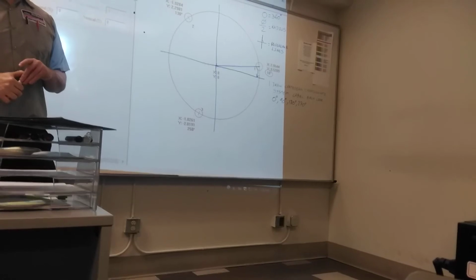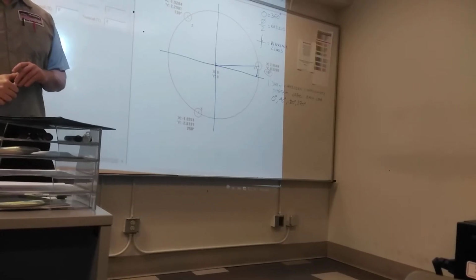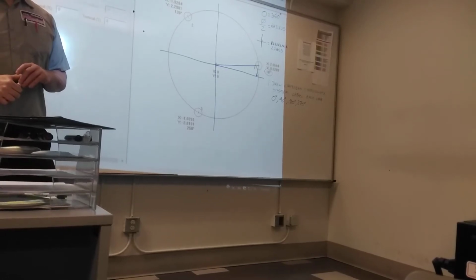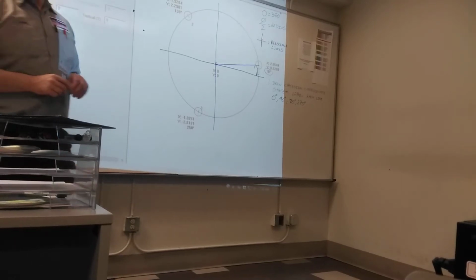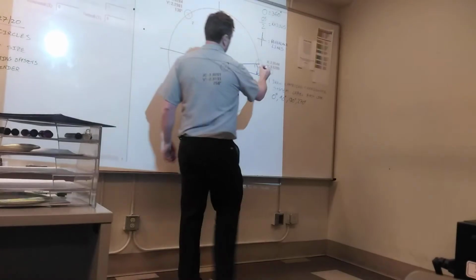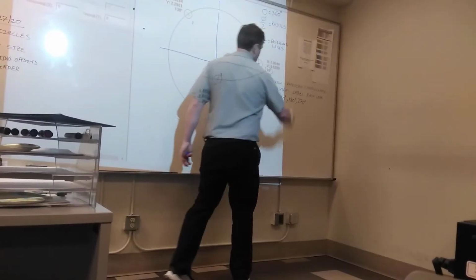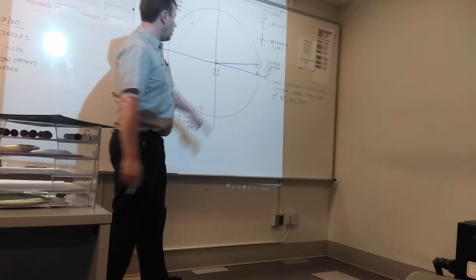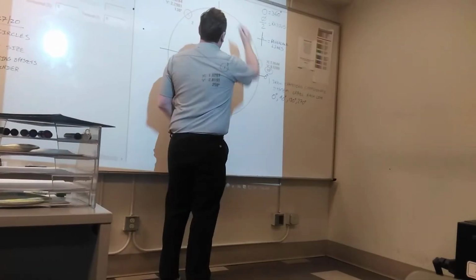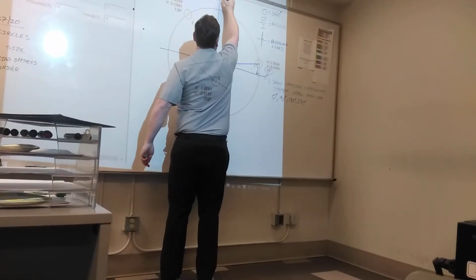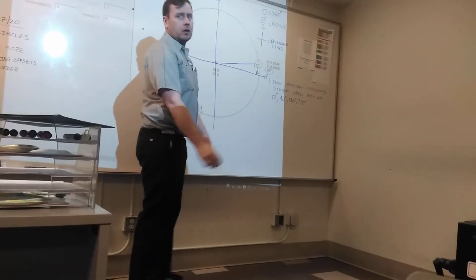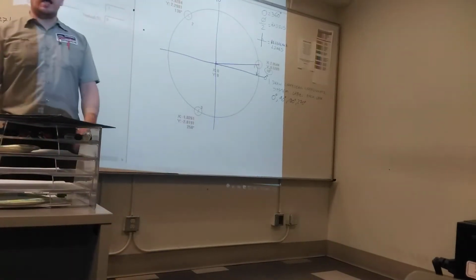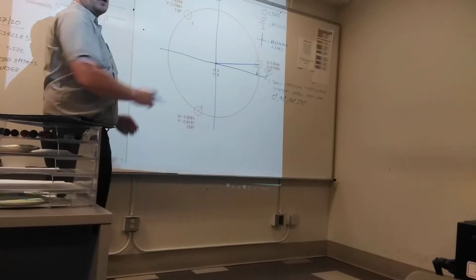So where are we going to put 0? On the straight line here. And then we know each reference line is 90 degrees from each other. So we've got the horizontal line going to 3 o'clock as our 0.